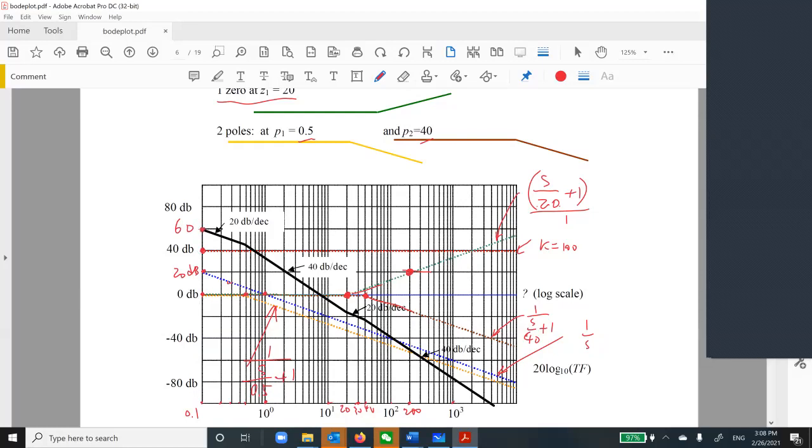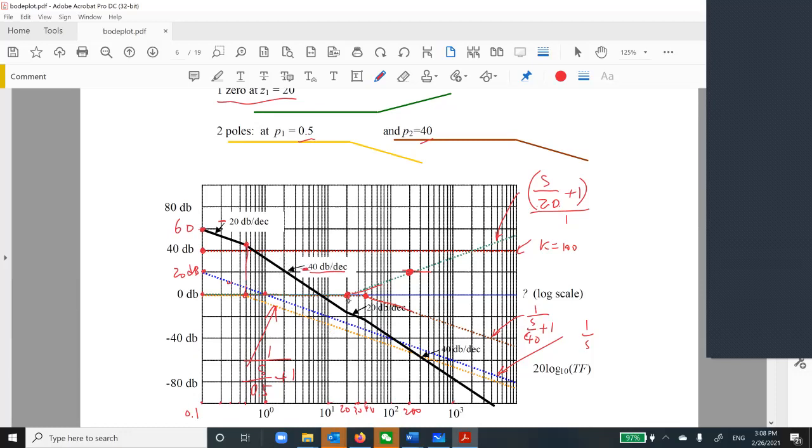So this black line is the total. Then you keep going, initially you're going like an integrator. So it's minus 20 dB per decade, okay? Minus 20 dB per decade. So then at this point, you have one more minus 20 dB per decade. So this part will have minus 40 dB per decade.